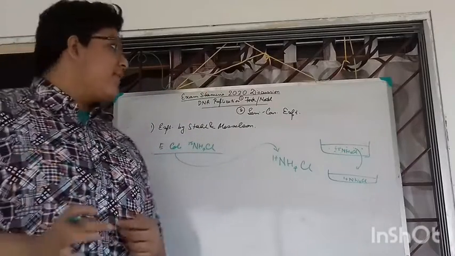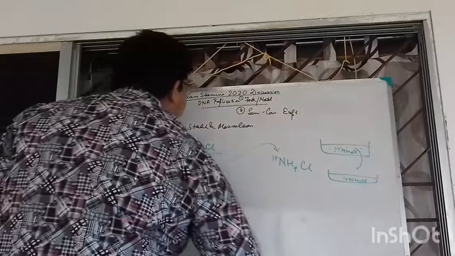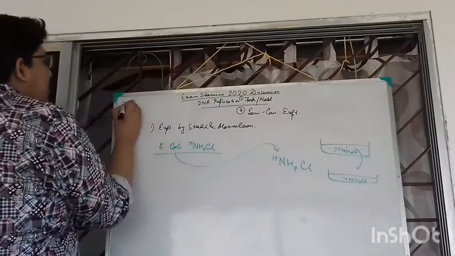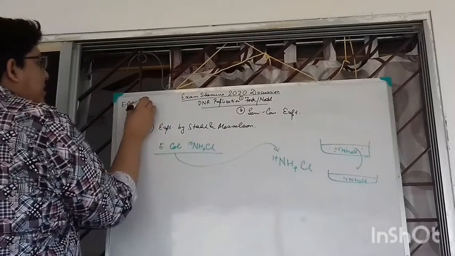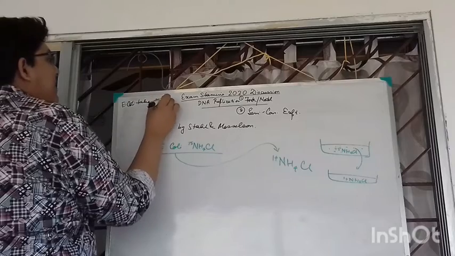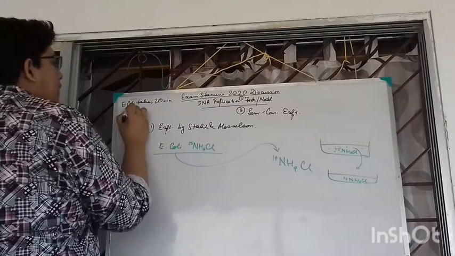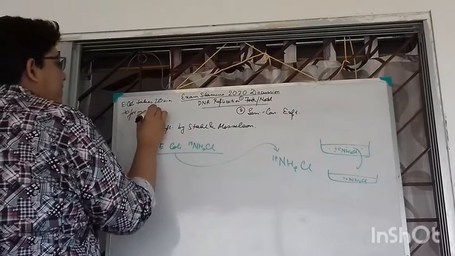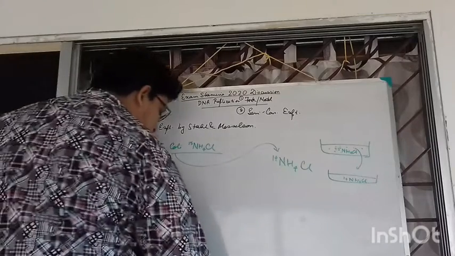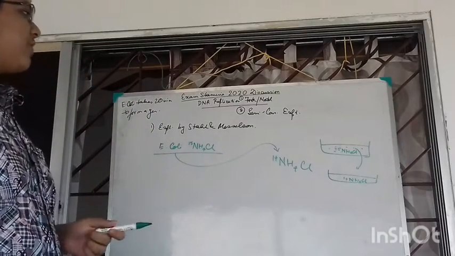There is a basic piece of information that E. coli takes 20 minutes to form a generation.